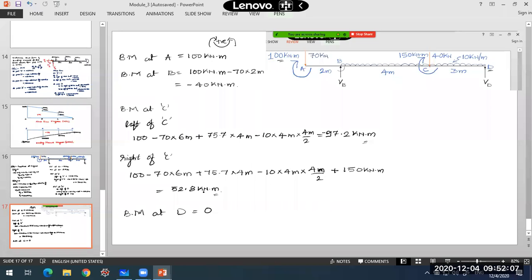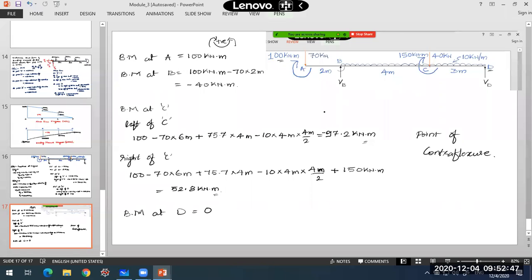So the bending moment is changing from negative to positive, and somewhere at point C itself it becomes zero. The point where the bending moment changes sign is called the point of contraflexion. So my point of contraflexion is at point C itself.